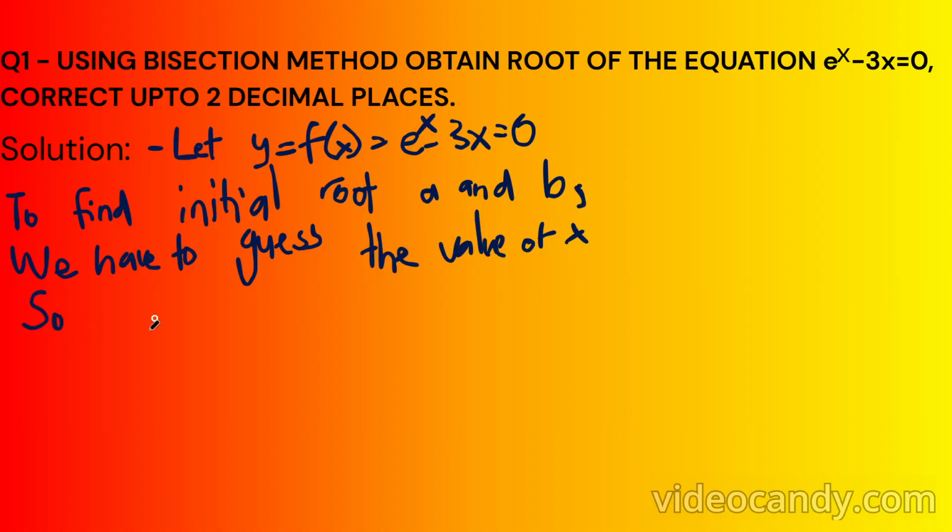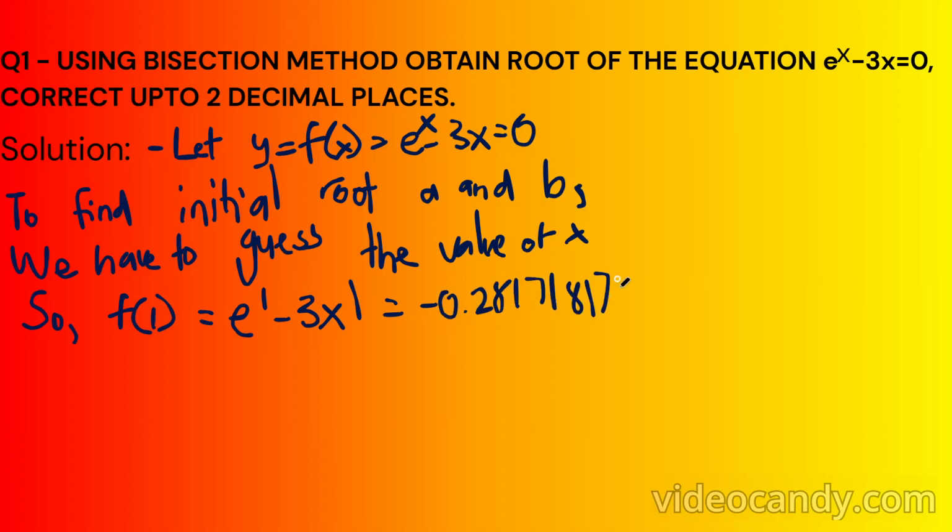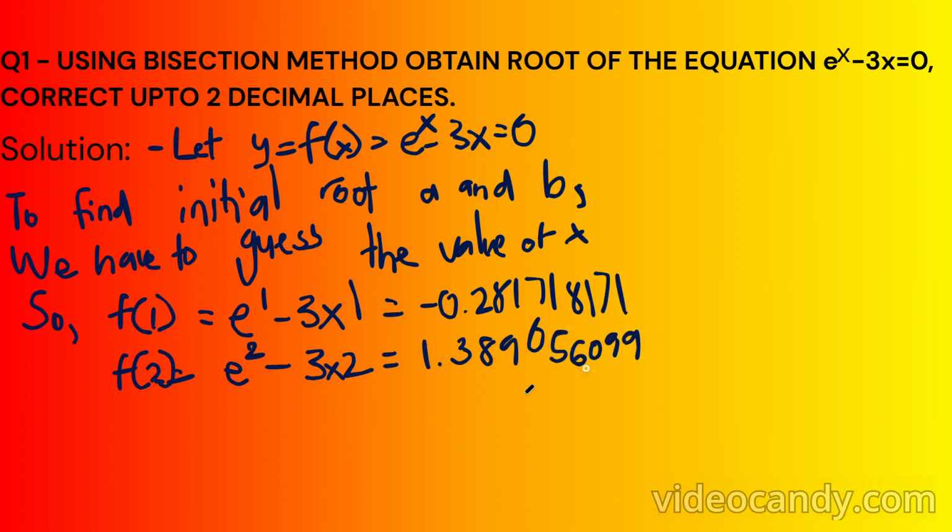f(1) is e^1 minus 3 times 1, which is negative 0.28171871. How about f(2)? e^2 minus 3 times 2, the answer is 1.3890560099.